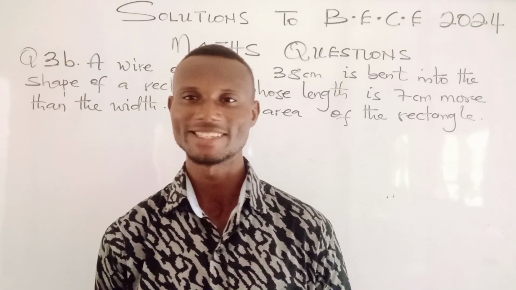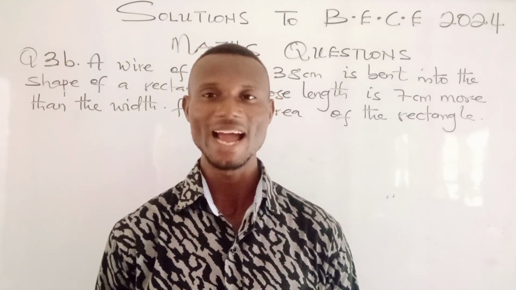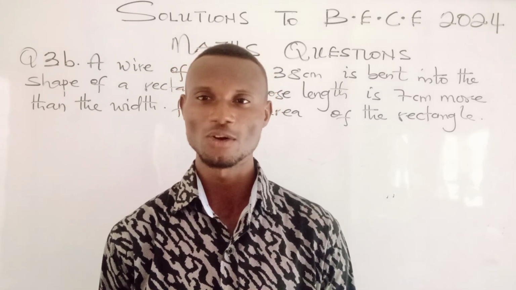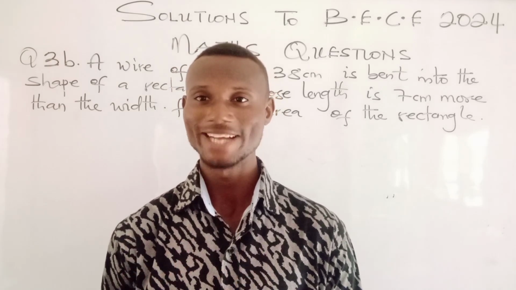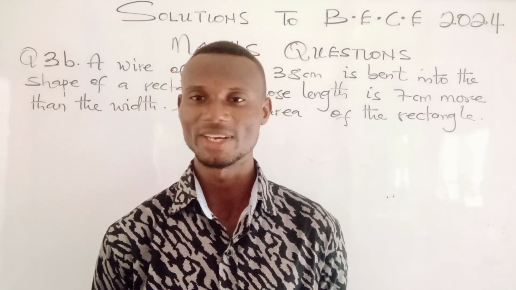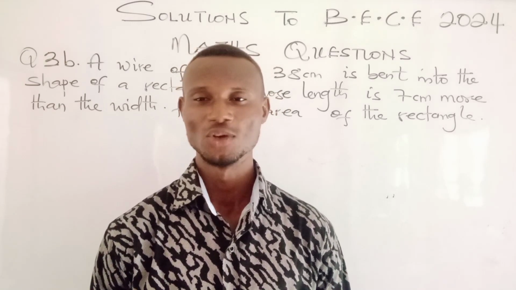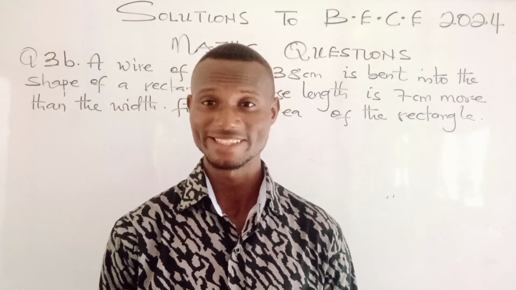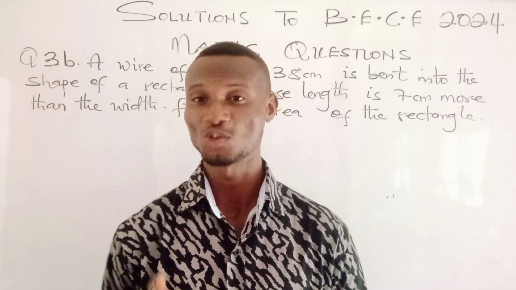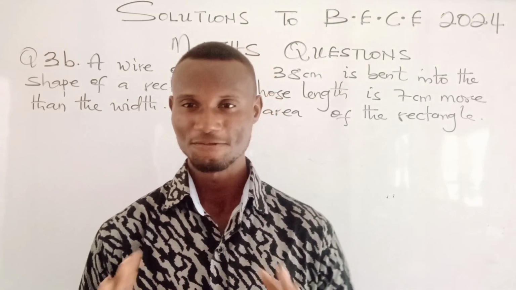Because if you don't understand what the question is asking you to do, then of course you cannot provide the right solution to the question. So it's very important that you read the question so that you gain the understanding before you attempt solving it. Okay, so that's the first step.